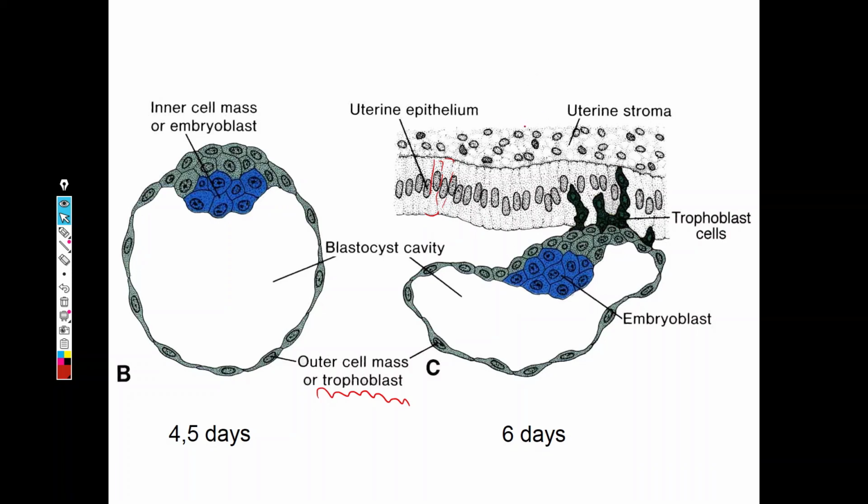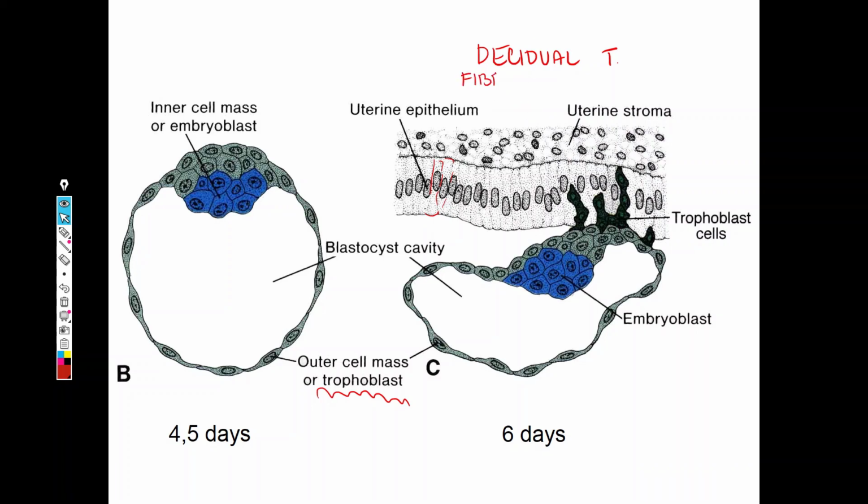But the mucosa needs to change a little bit. And it's undergoing a so-called decidual transformation. The mucosa of the uterus is undergoing decidual transformation because the mucosa of the uterus normally contains fibroblasts.